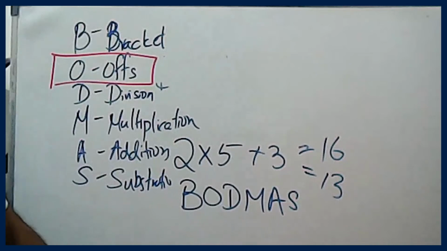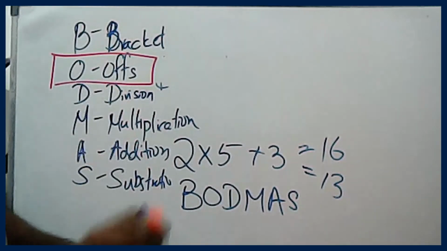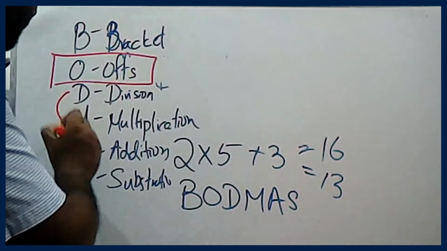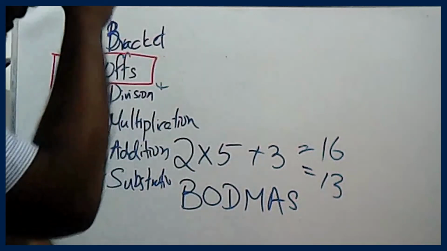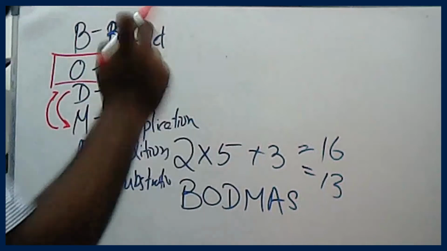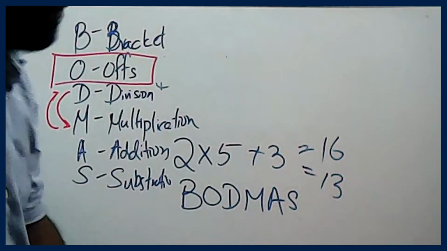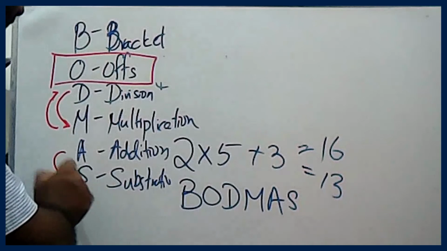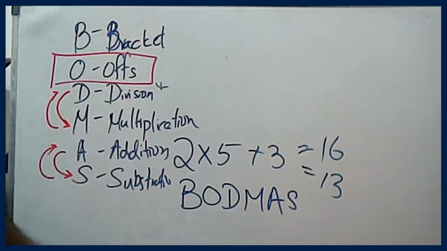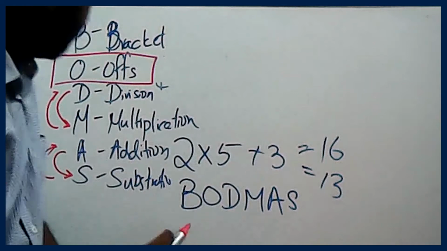And after that, division and multiplication. These two can be interchanged, no problem. You can do multiplication first and then division, or division first and then multiplication. After that, addition and subtraction. These two also can be interchanged.